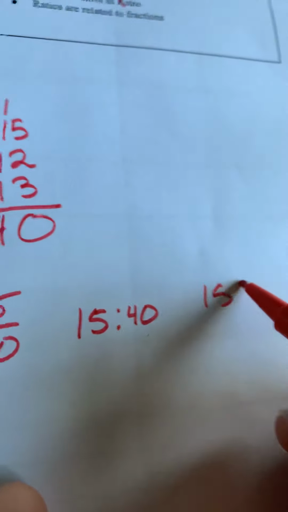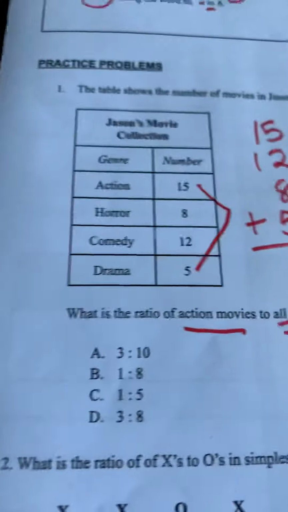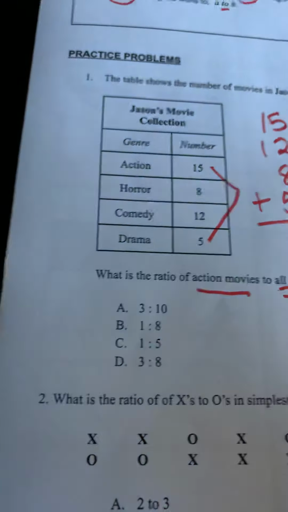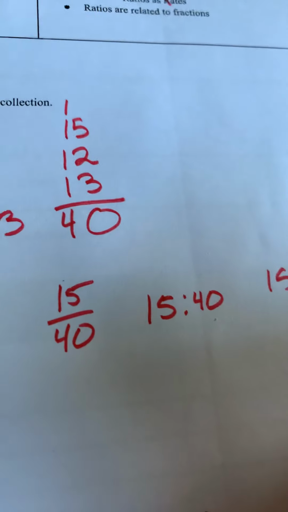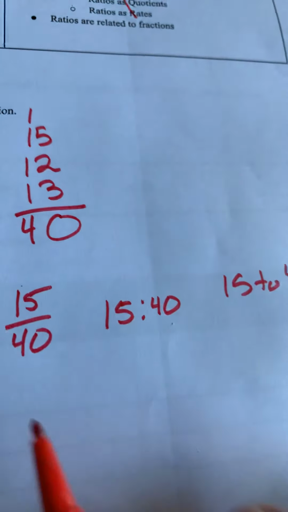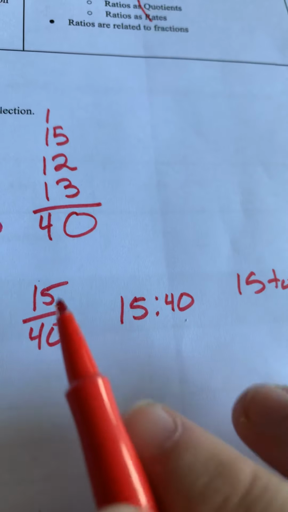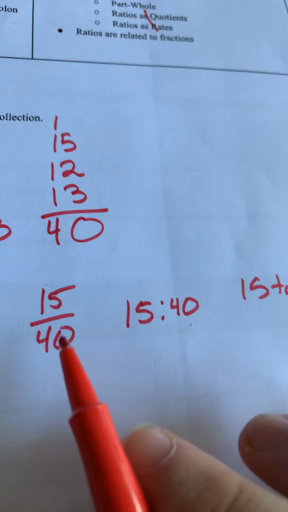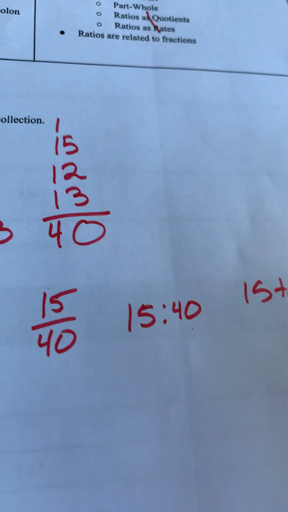15 to 40. Now, I don't really see that in any of my answers. So what I'm probably going to need to do is write this in simplest form. I'm going to look at both of these numbers and think of what greatest common factor I can divide into 15 and 40.